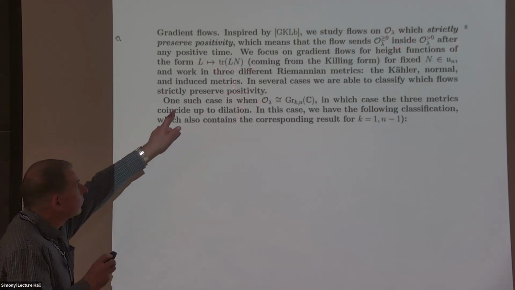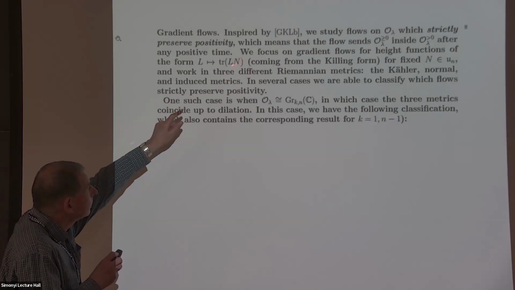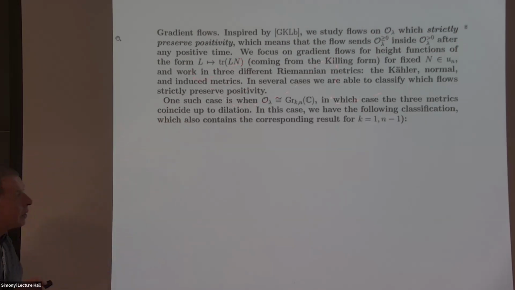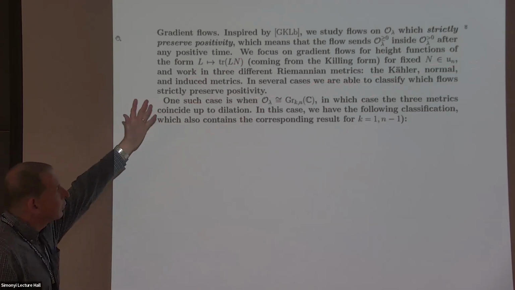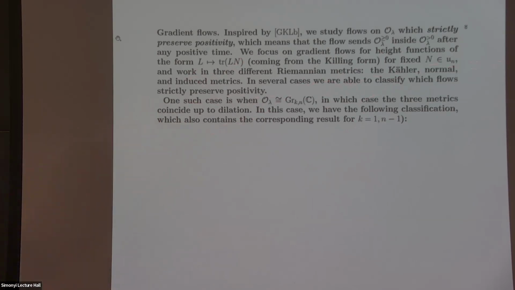We look at these kind of Toda lattice flows like trace Ln. As I mentioned, there are three different metrics which play a role originally in Atiyah's work: the Kähler, normal, and induced metrics. We want to classify which flows strictly preserve positivity. We were able to get partial results, but the results that matter to us.